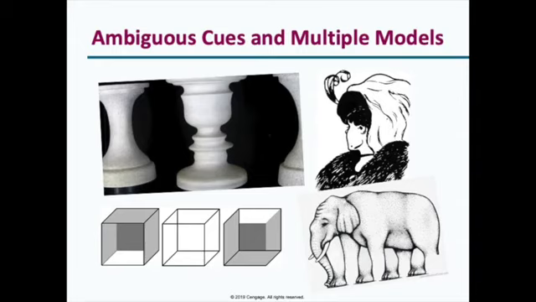Another classic example of this is the young old woman picture, where our perceptions shift between seeing one or the other as we unconsciously and actively scan for cues. The Necker cube example at the beginning of the lecture is also a nice, simple example of ambiguous cues that make our minds flip-flop between internal models of the external world.